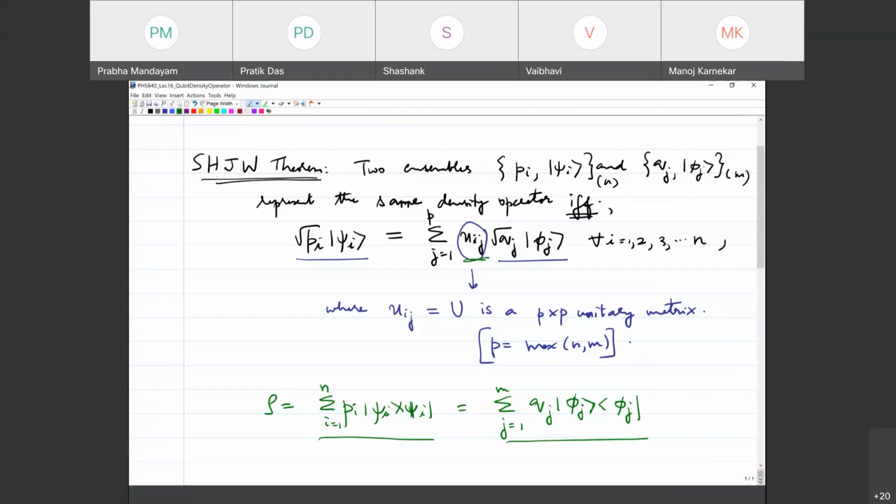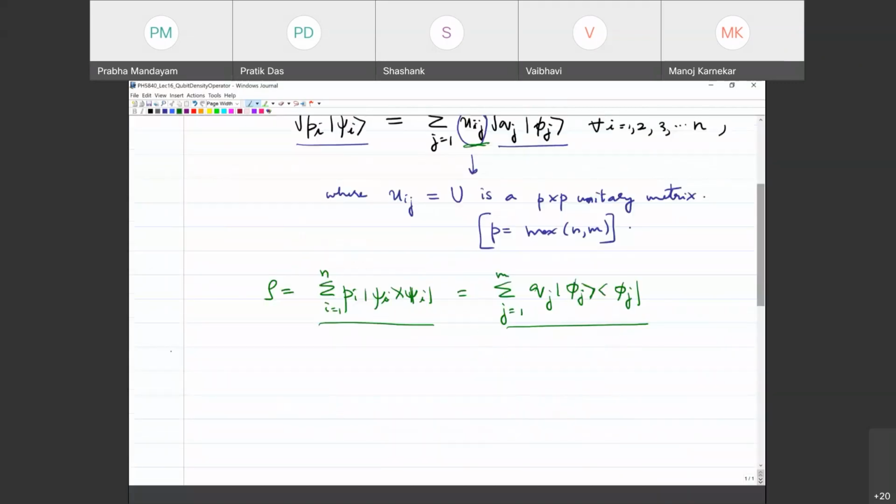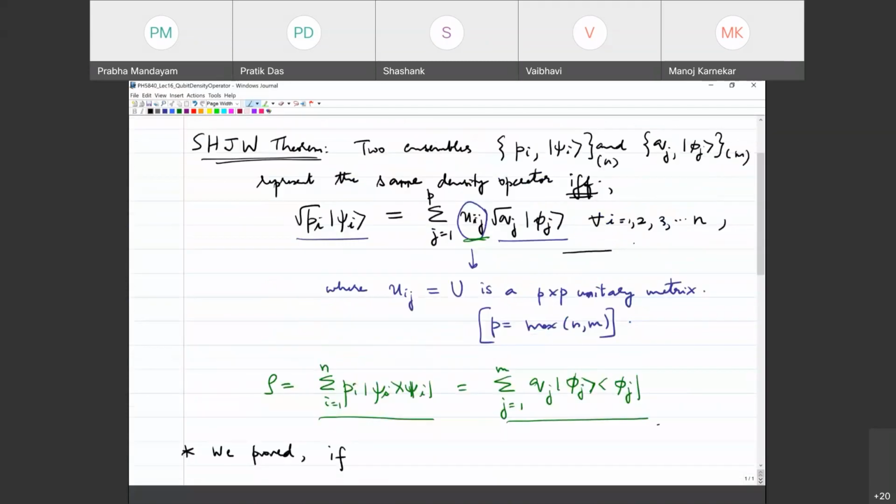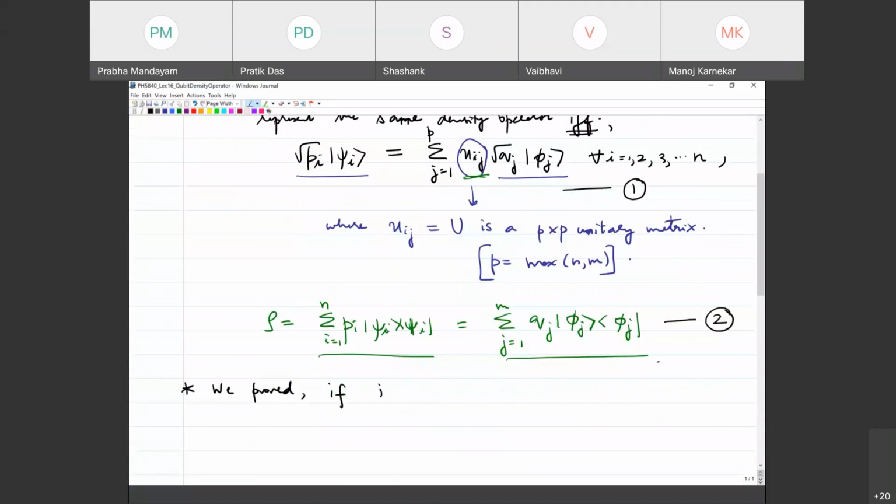Okay, so we proved one direction of this, right? So we showed last time that if, okay, let me call these two equations something. Let me call this equation 1, and let me call this equation 2. Last time we proved that if 1 holds, then 2 holds, right?